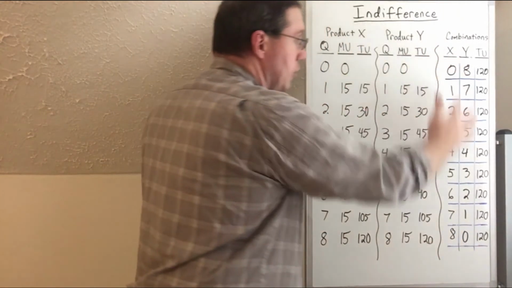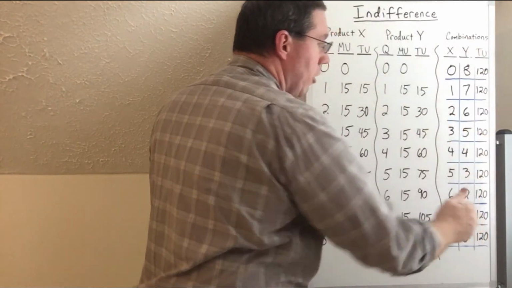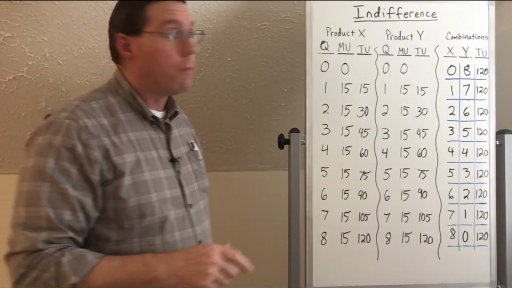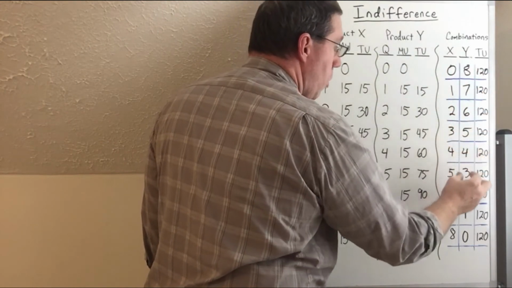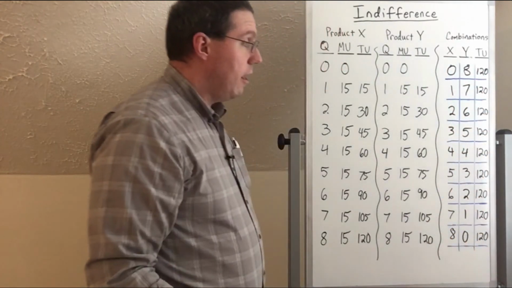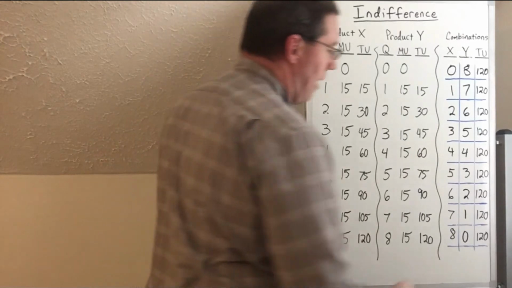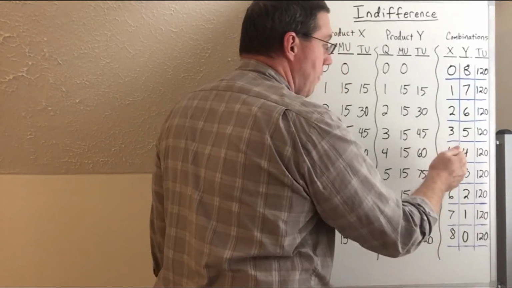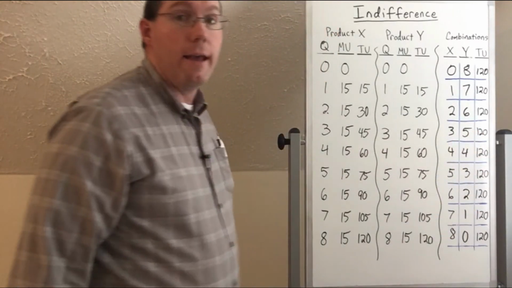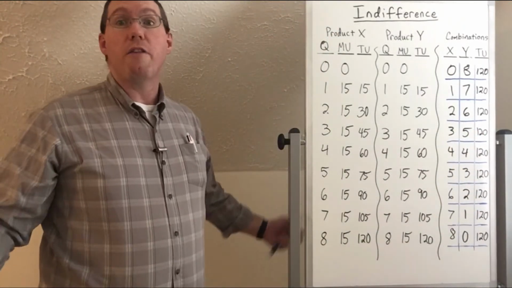All of these combinations will give us exactly 120 utility, and therefore all of these combinations of product X and Y are indifferent. If somebody says, hey, would you rather have 7 of X and 1 of Y, or would you rather have 3 of X and 5 of Y? The answer would be, either one is fine with me.